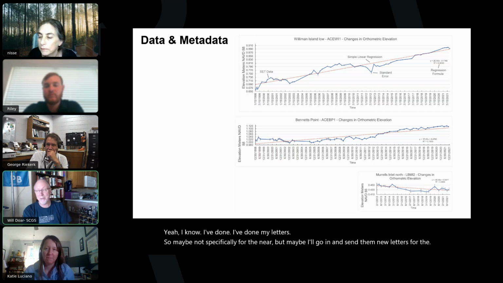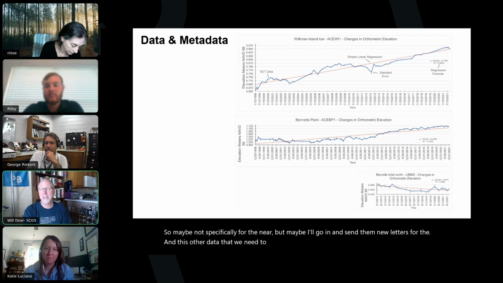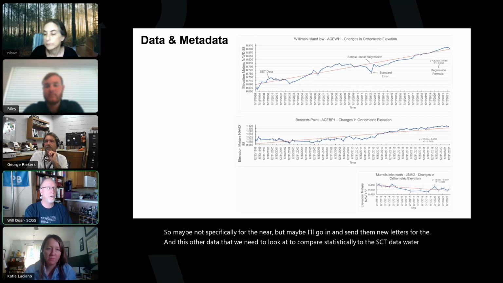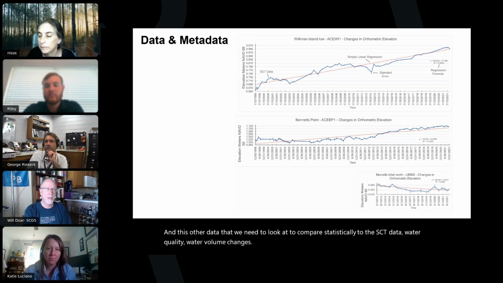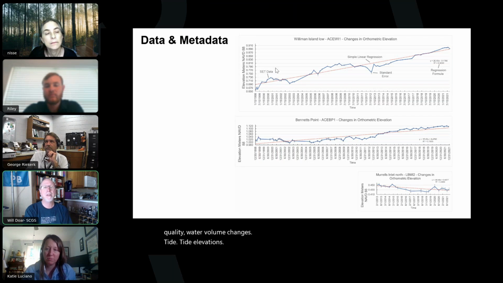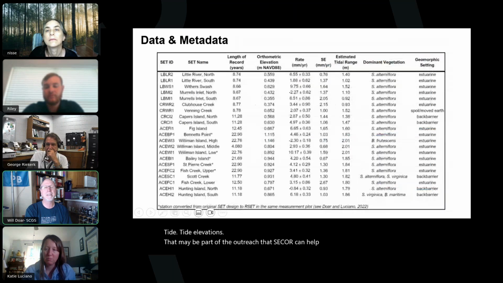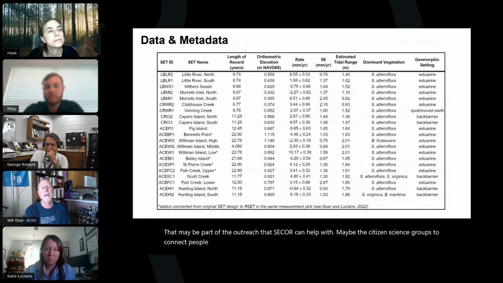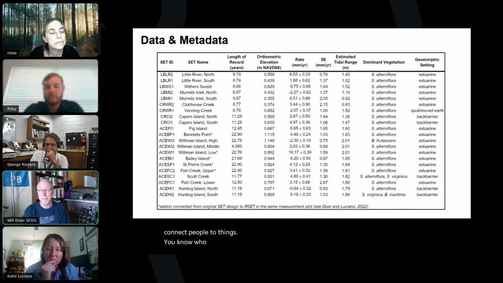And this other data that we need to look at to compare statistically to the SET data, water quality, water volume changes, tide elevations, that may be part of the outreach that SECOORA can help with, maybe the citizen science groups, to connect people to things. How many citizen science tide loggers are out there now?